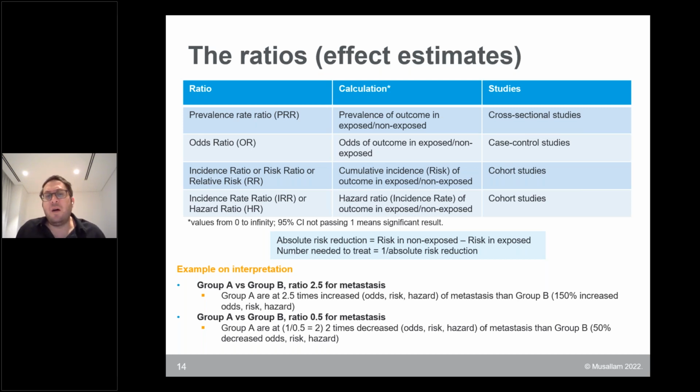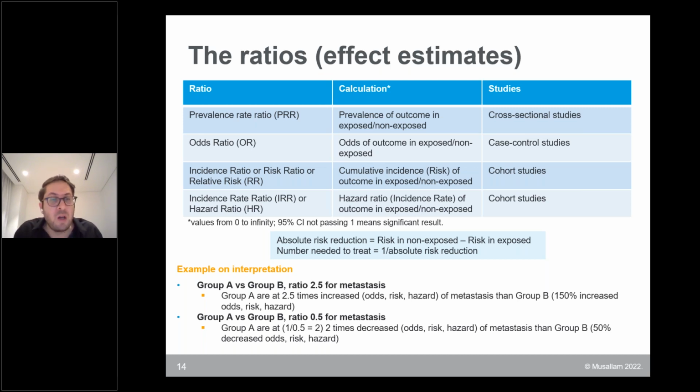The one thing that is common for all is that when you want to interpret these, when you want to describe them, how would you describe it? If someone told you the odds ratio is 2.5 in group A versus group B, this is how it will be reported, because we said there is an odds of something in group A, the odds of something in group B, and then the odds ratio is this over that. So let's say the odds ratio is 2.5 for metastasis.